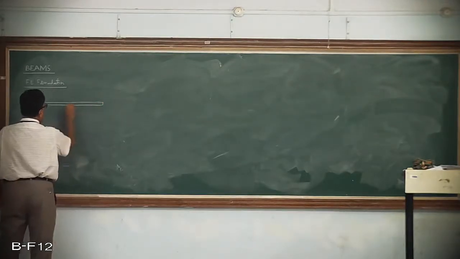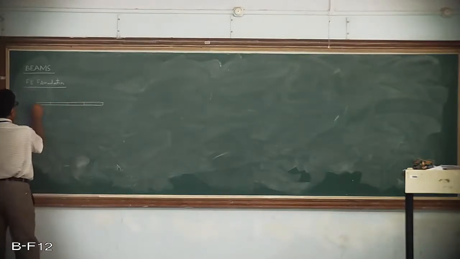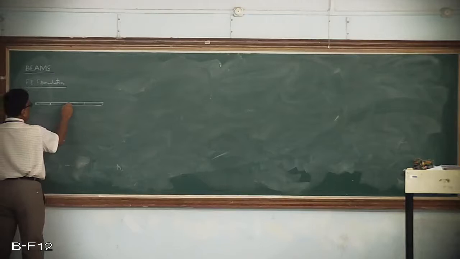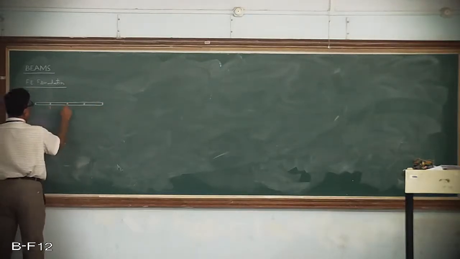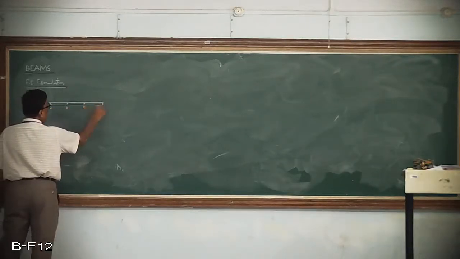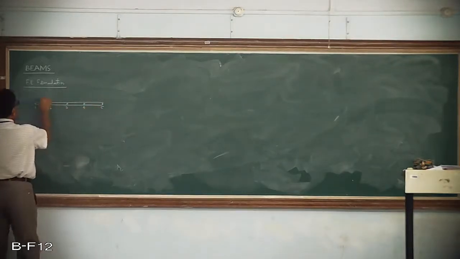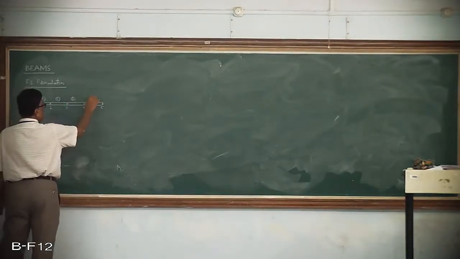I will divide this into 4 parts and put 5 nodes here. These are nodes 1, 2, 3, 4, and 5, and there are 4 elements, 1, 2, 3, and 4.